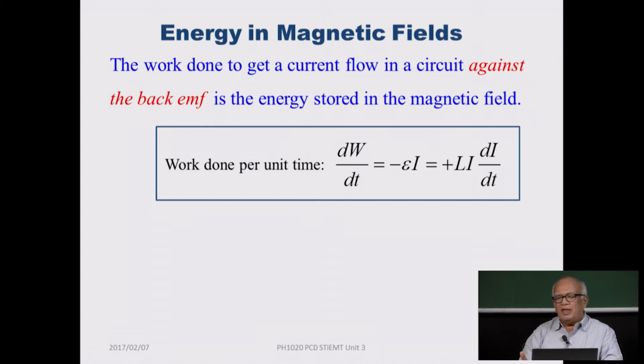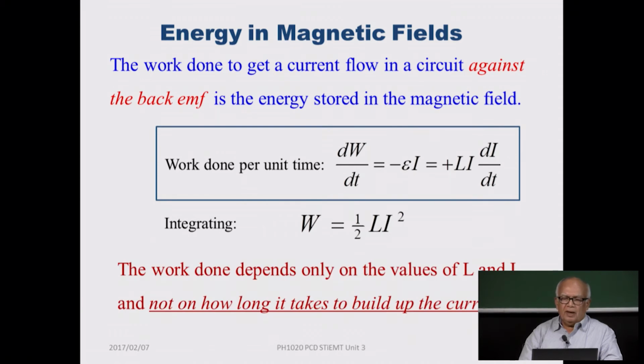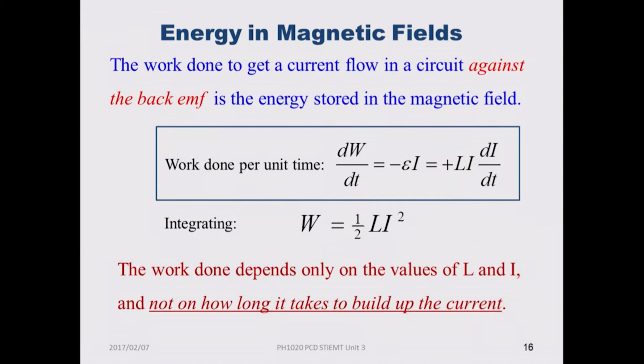So, that being a back EMF, this rate of doing work will be plus I times di by dt. The proportionality is the inductance of the material. Okay? So, if you integrate this, you get the work done to be half Li square, and notice that this work done depends only on the values of L and I. It does not depend on how long it took to set up that current. Okay? It is independent of that.